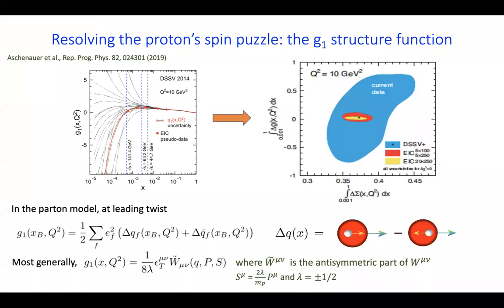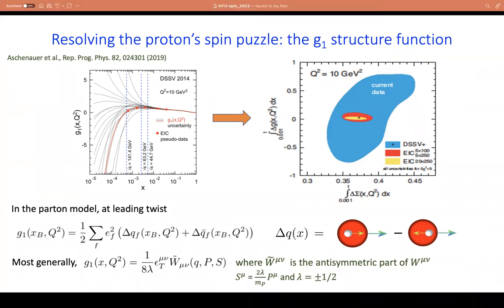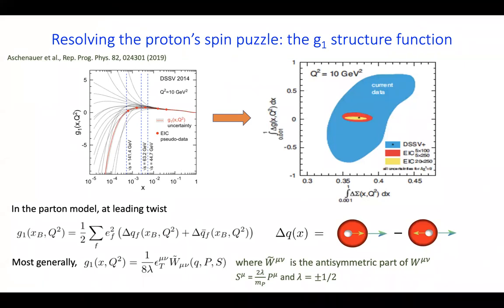So this is just a transverse projection on this W mu nu, the antisymmetric part of W mu nu. I will show you the most general expression, and if I just act on this with this 2D projection, I recover this structure function G1. So it's just the antisymmetric Levi-Civita tensor in 2 dimensions, and these 2 dimensions are the 2 transverse dimensions. Yes.